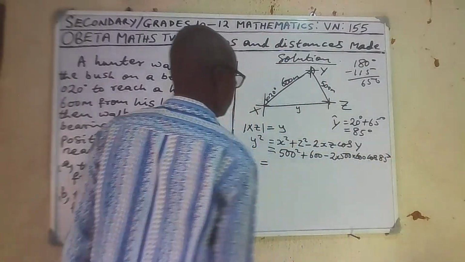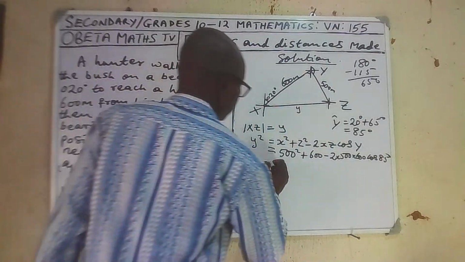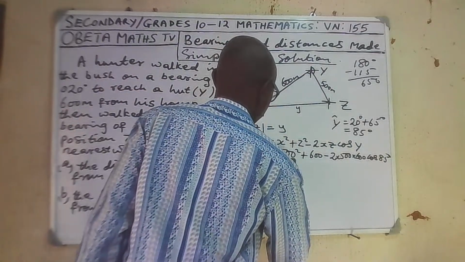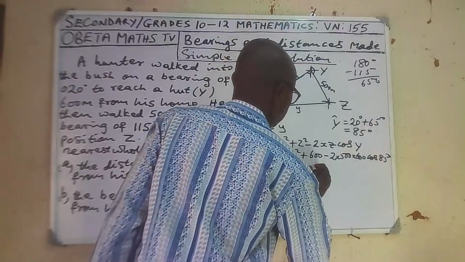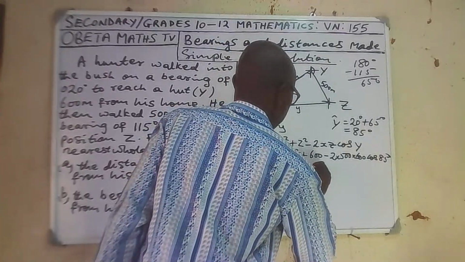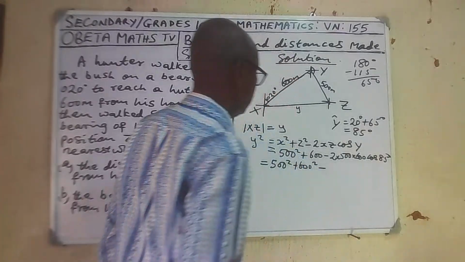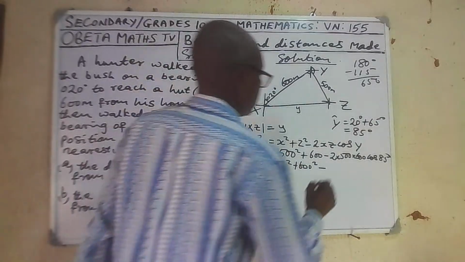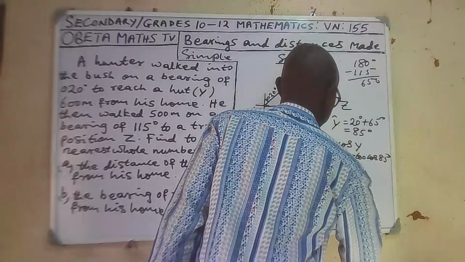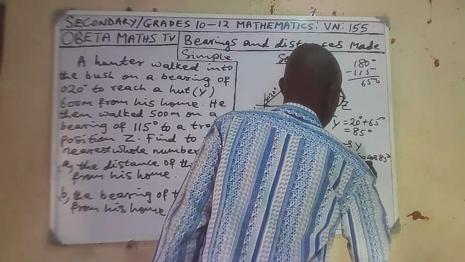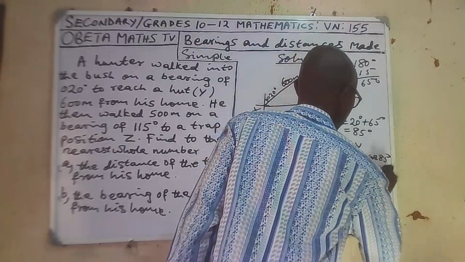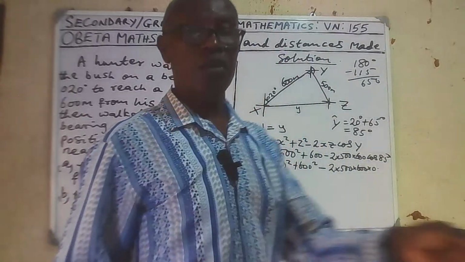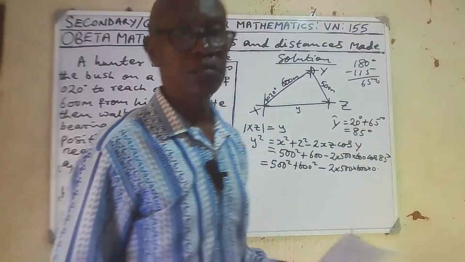So that will give us 500 squared plus 600 squared minus 2 times 500 times 600 multiplied by cos 85.